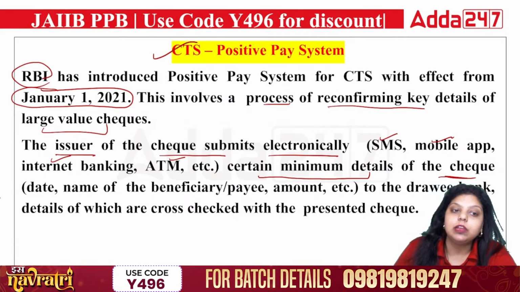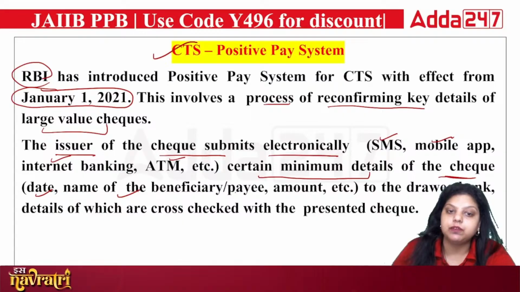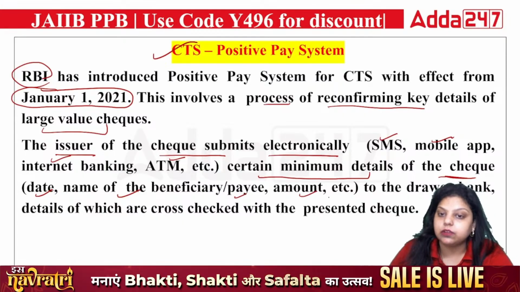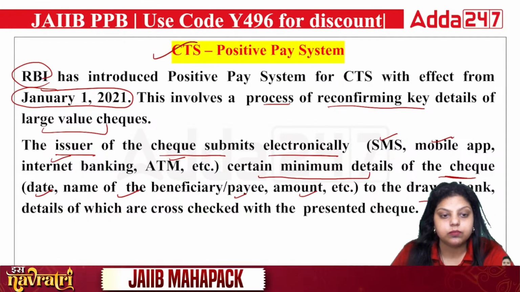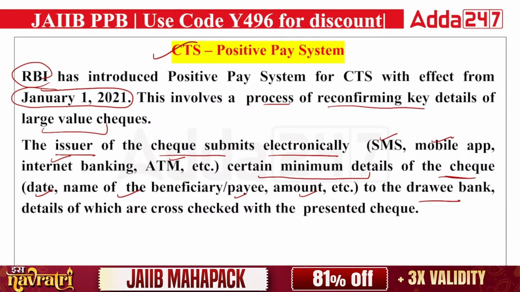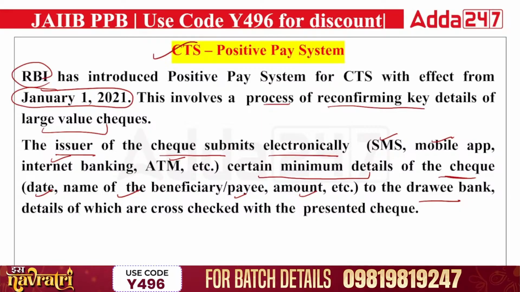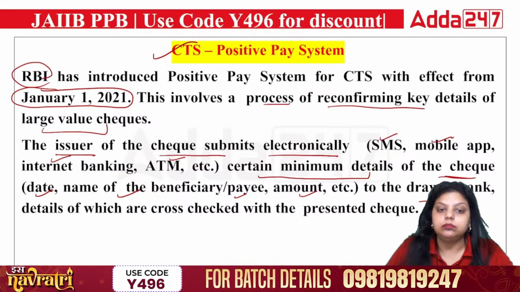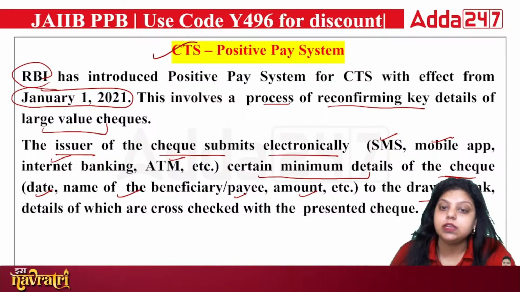After signing a check and giving it to someone, the drawer has to submit these details, which include the date, name of the beneficiary or payee, amount, etc., to the bank.